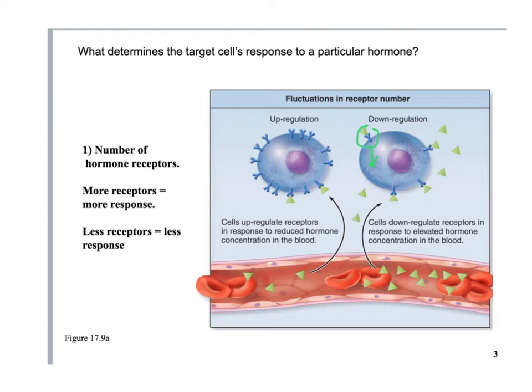Now if I take a receptor inside the cell, how many receptors are left on the membrane to respond to hormone? Less. Fewer hormone receptors outside, less response in the cell. That's downregulation. We're taking them into the cell, or we're not producing enough, so there's a lower number.